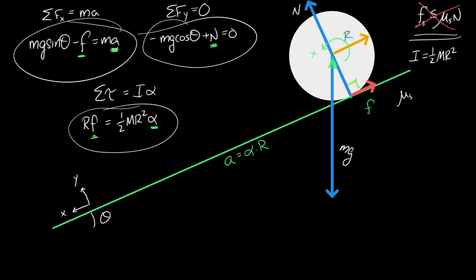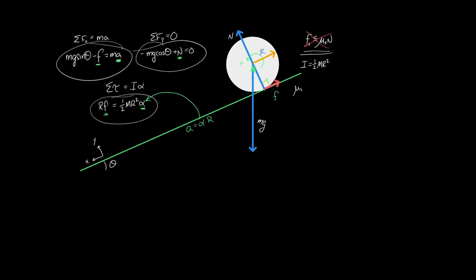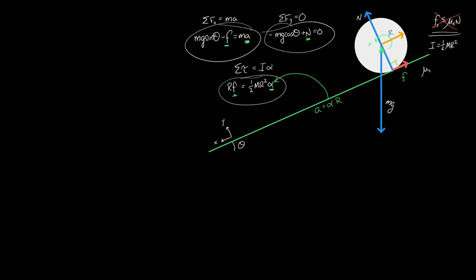Doesn't really matter where we do this, but I think we eliminate more variables if we plug in for alpha here. So mg sine theta minus friction equals ma, and rf equals 1/2 mr squared a over r.